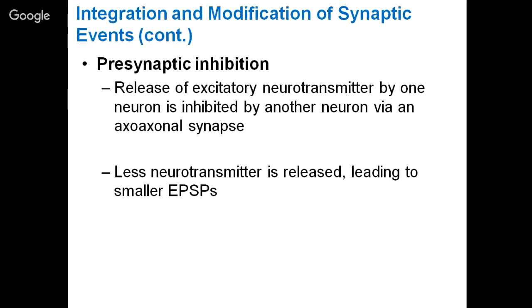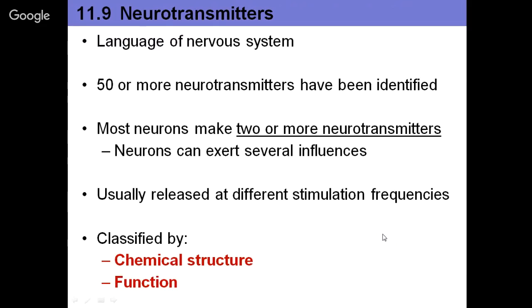What will happen is the release of the excitatory neurotransmitter by one neuron is inhibited by another neuron, and this is happening at the axo-axonal synapses, not with the others. So fewer neurotransmitters are released, and that leads to a smaller excitatory potential at the synaptic membranes.